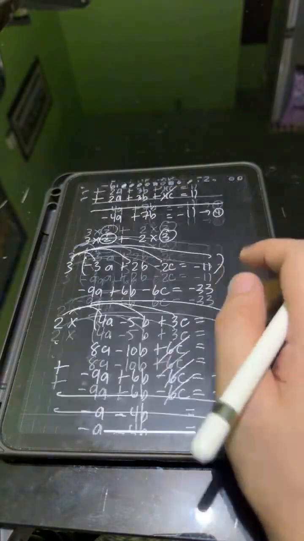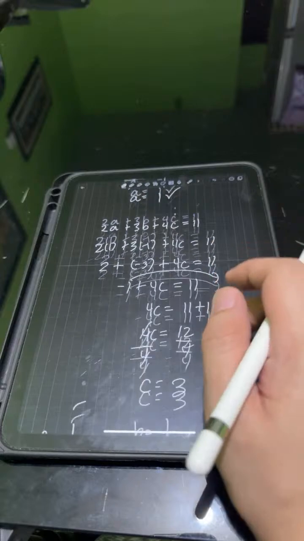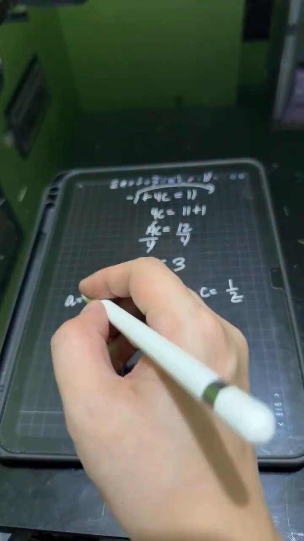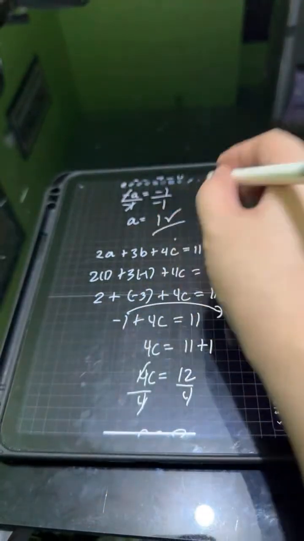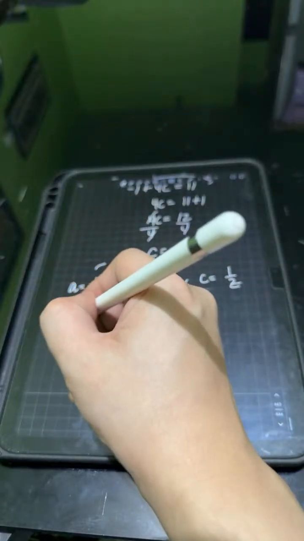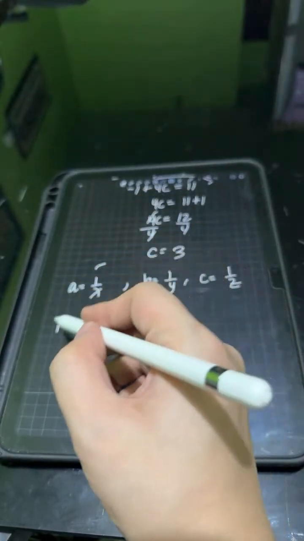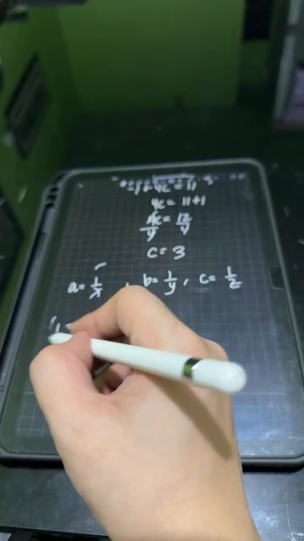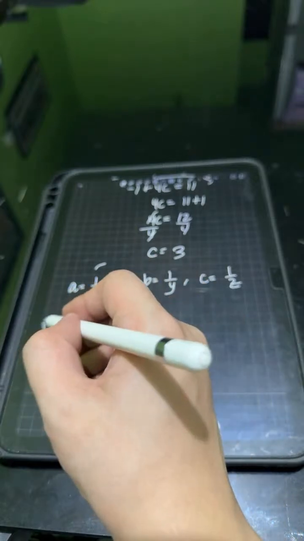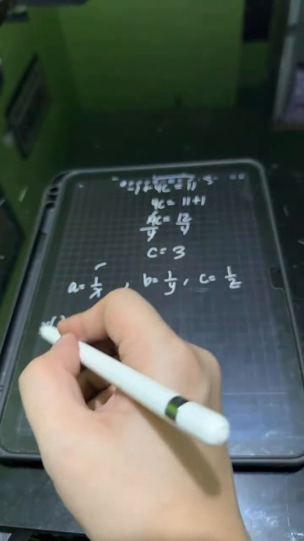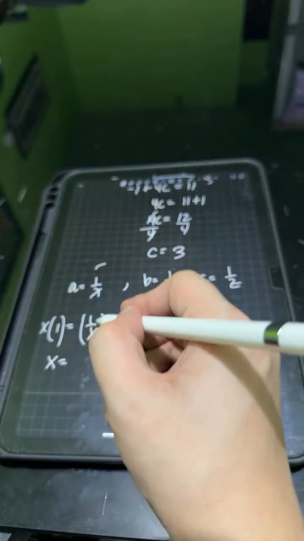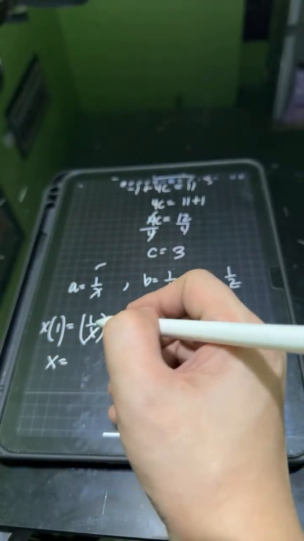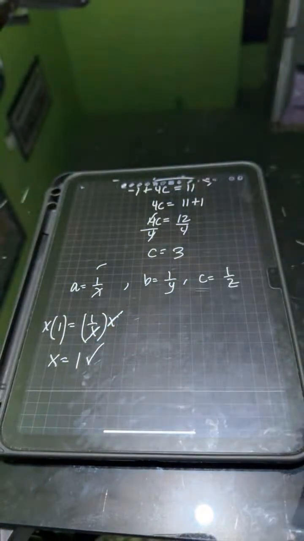So we substitute the value of a, b, and c that we got. For a is equal to 1 over x, the value of a is 1. So we have 1 is equal to 1 over x. So to solve for x, we multiply both sides of the equation by the denominator x. So x times 1 is x. Then 1 over x times x, cancel the x, is 1.